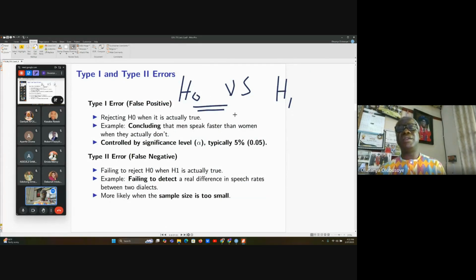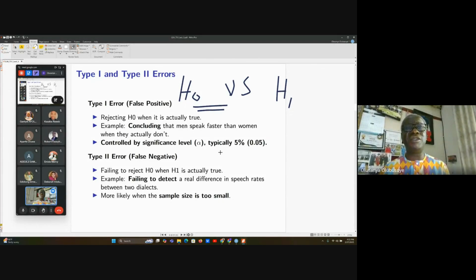So an error occurs when we reject the null when the hypothesis is true, then there is an error.